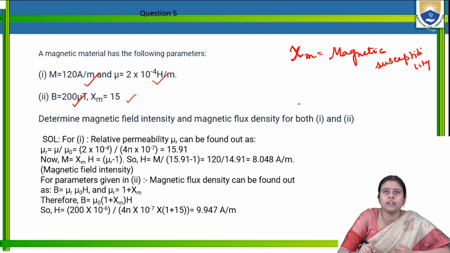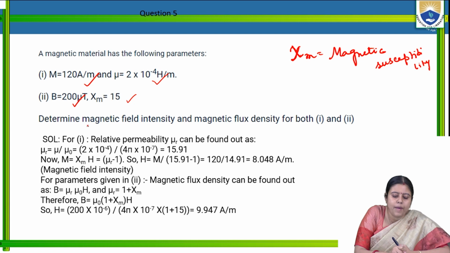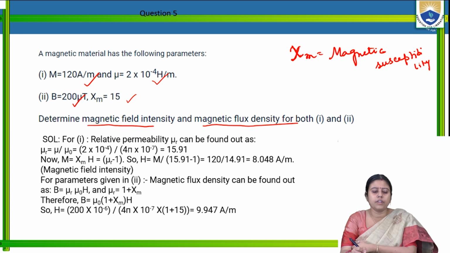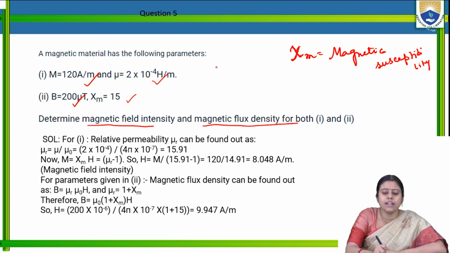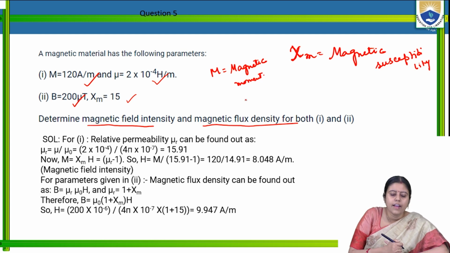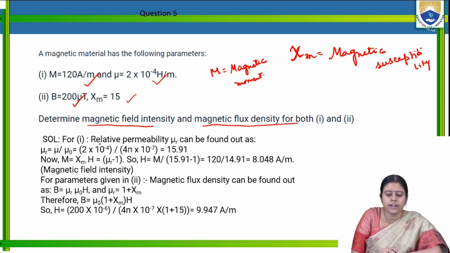We have to calculate the magnetic field intensity and magnetic flux density for both case 1 and case 2. What is capital M? Capital M is the magnetic moment. Now for the first case, we can calculate mu r is equal to mu by mu naught.